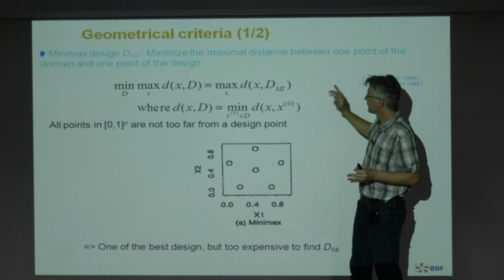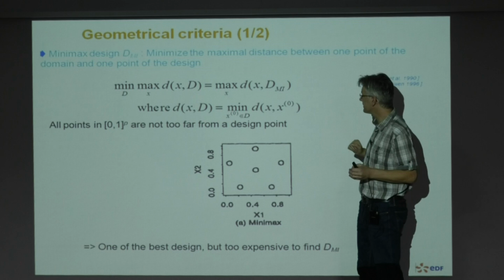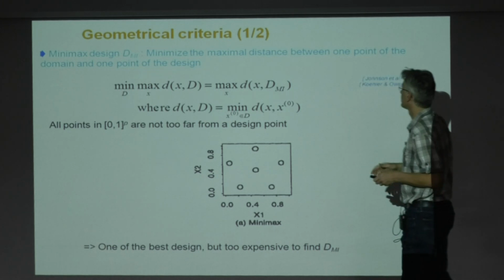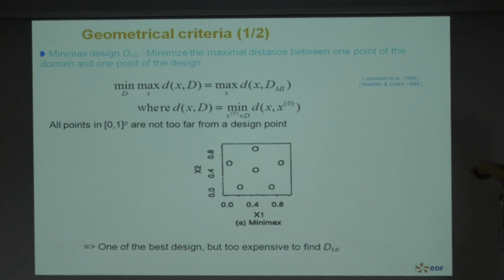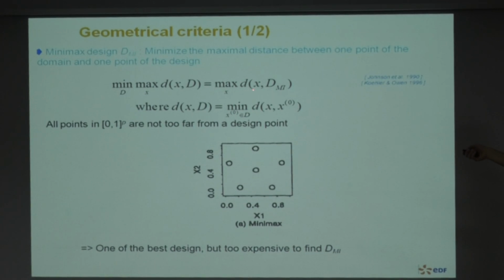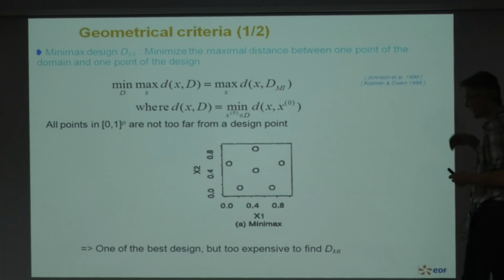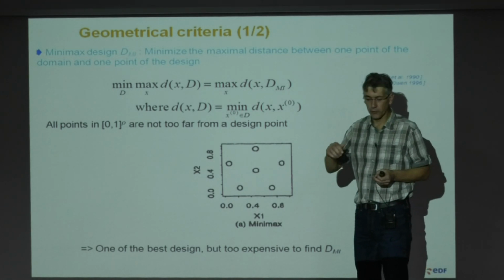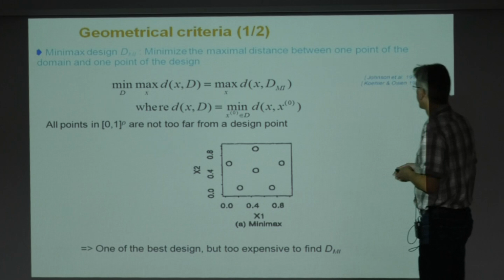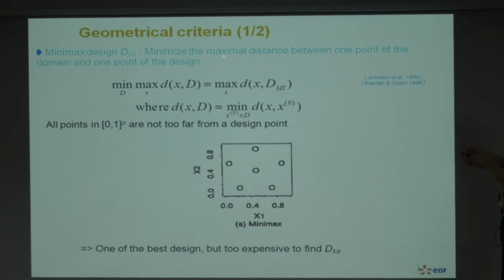Okay. So to define this, I have to define some distance. For example, the first distance is the distance between one point of the domain and one point of the design. So this D is the distance between X, one point of the domain, and Dmi, which is my design. And I will look for the point which corresponds to the maximal distance between this point and the points of the design.